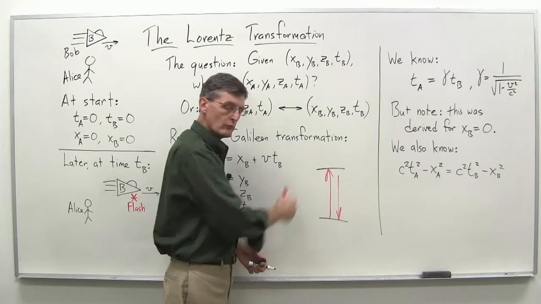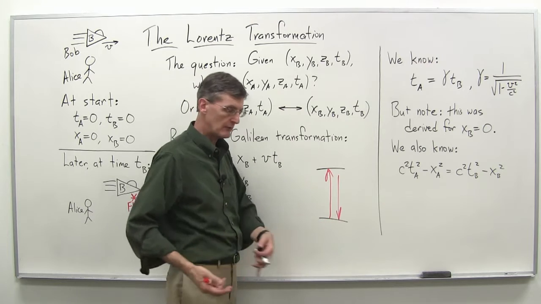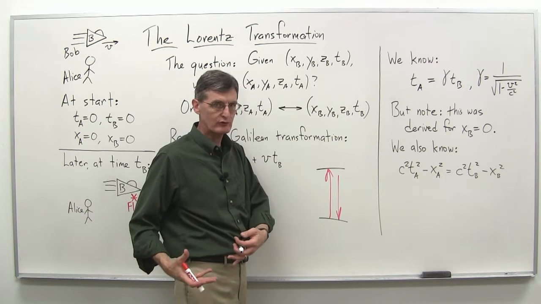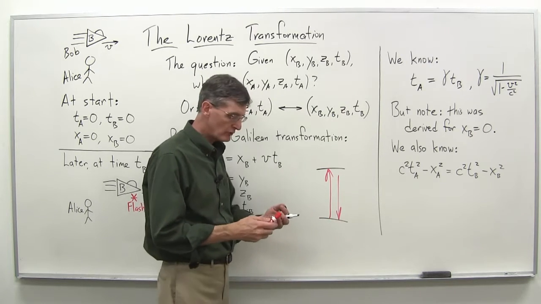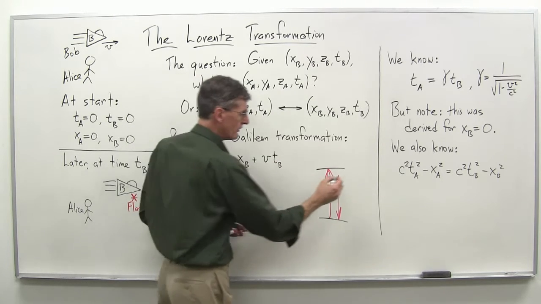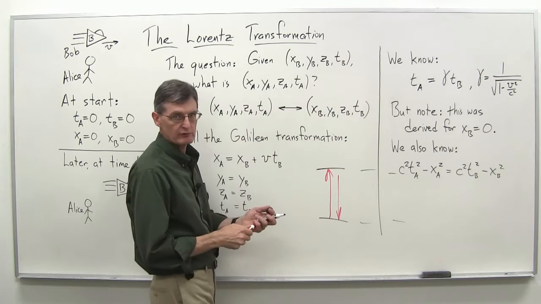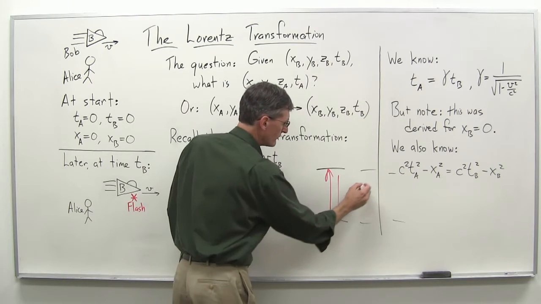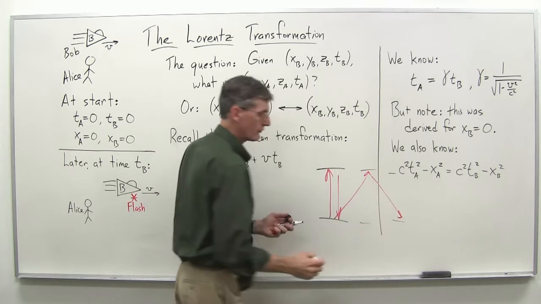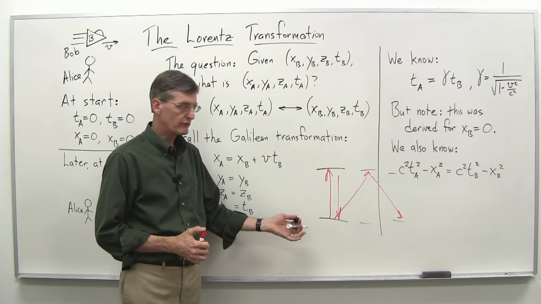The light pulse going up and down occurs at the same place all the time, since Bob has his clock right next to him. It's Alice observing it moving along, so she sees the familiar triangle effect, going like this. But to Bob, all this is happening at xb equals 0.